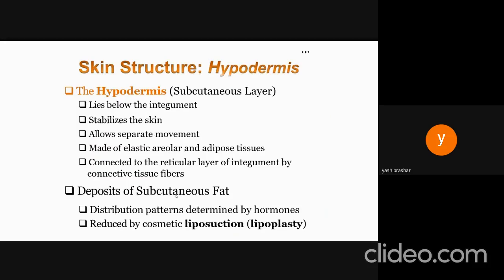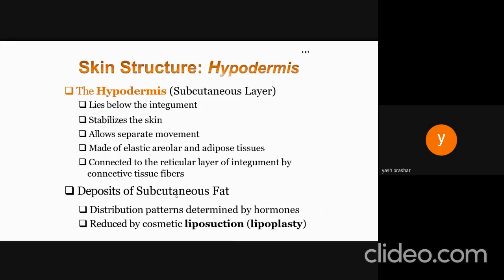Skin structure, hypodermis, the last part. The hypodermis lies below the integument and it stabilizes the skin and allows separate movement. It is made of elastic areolar and adipose tissue, and is connected to the reticular layer of the integument by connective tissue fibers.